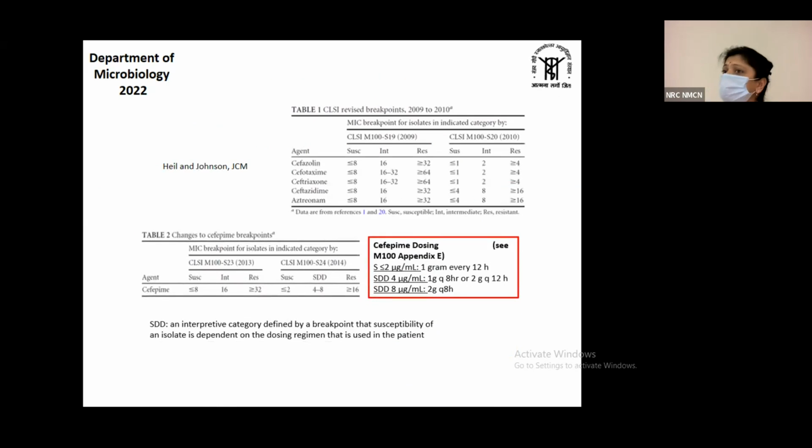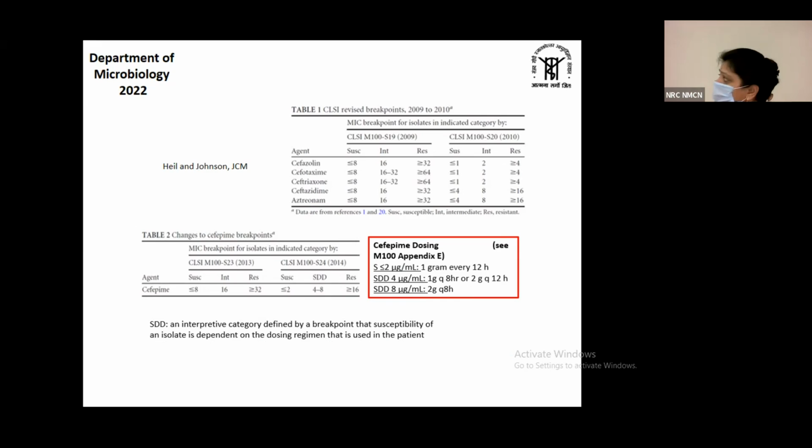This is especially important when you have an MIC interpretation of the antibiogram. So there is an isolate for cefepime, this is true. This is also true for fluconazole and Candida as well. If you recall, maybe in some previous class you have been told about Candida and the susceptibility dose dependent for fluconazole.